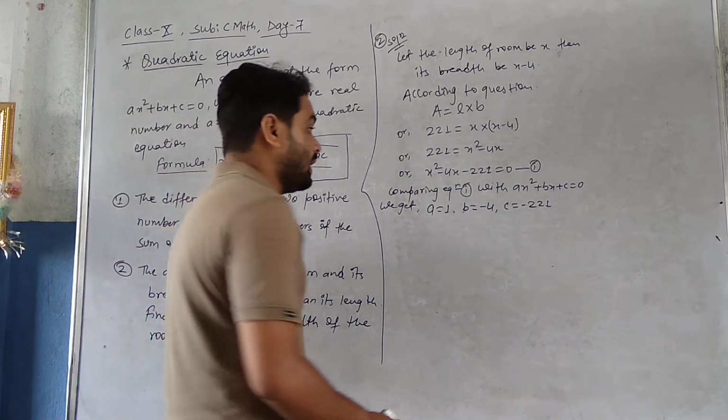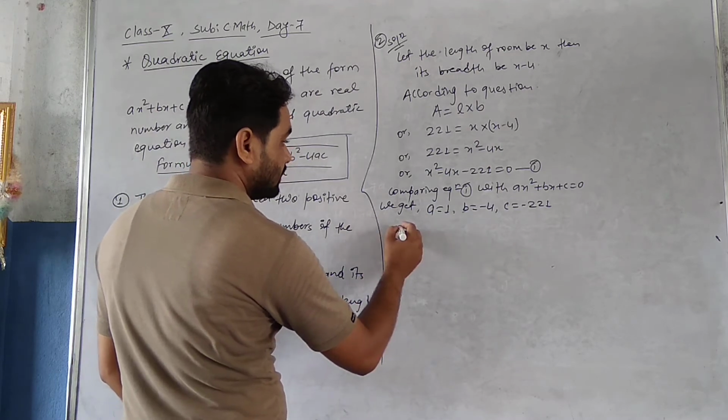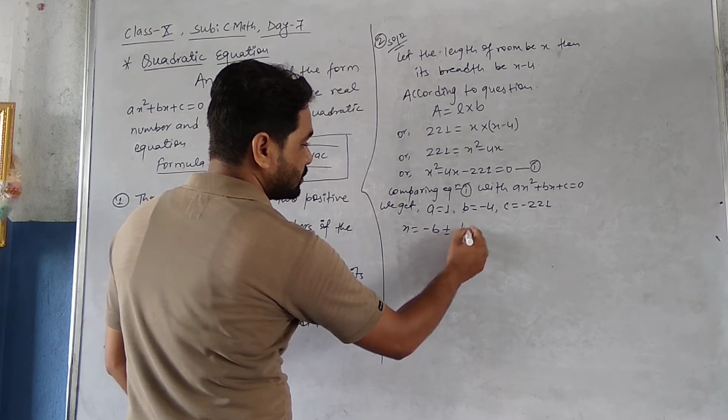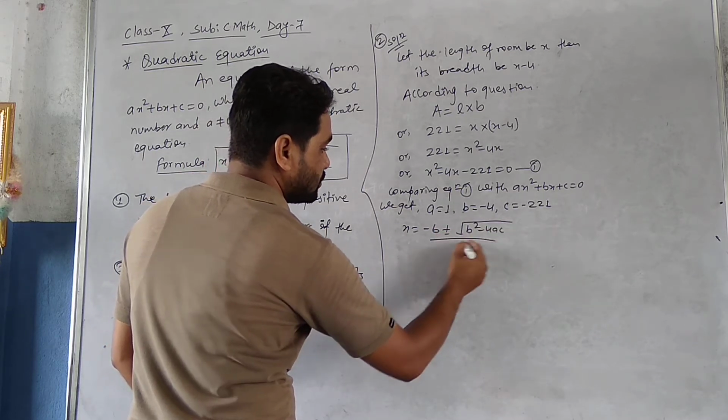Now we have x equals minus b plus minus root b square minus 4ac upon 2a.